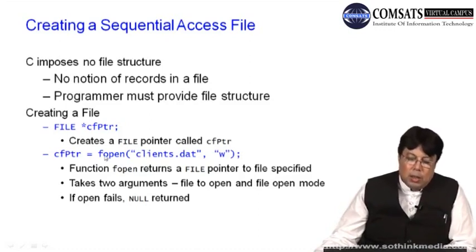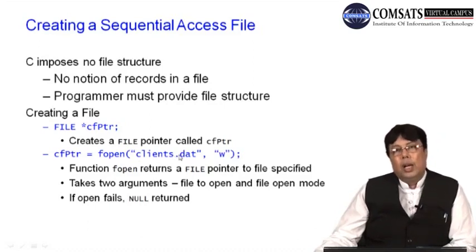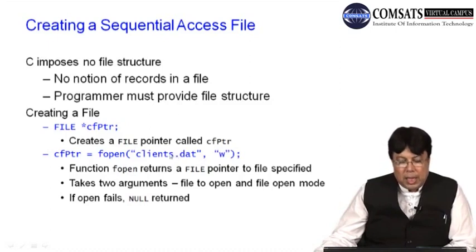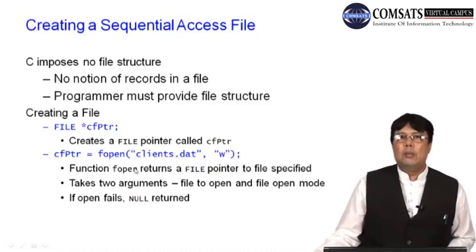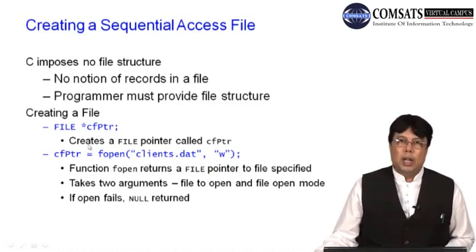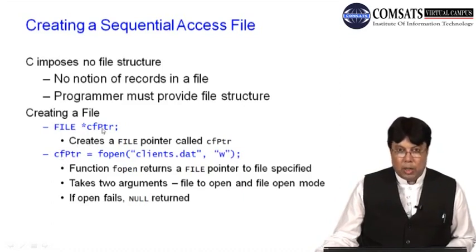So when this system call is executed, the operating system will create the file for you, and return the file descriptor that will be saved in the file control block, as well as returned back to you and saved in your file structure, and the information is copied back into cfptr, the pointer to the file that you have created.